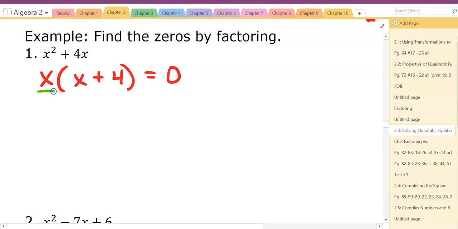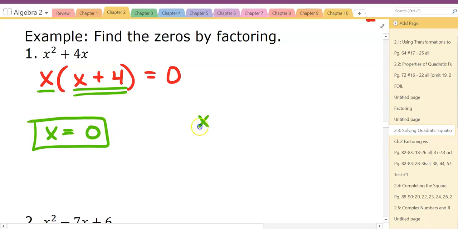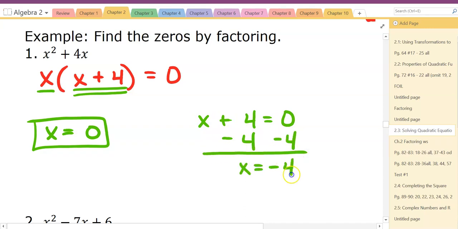So take x and set that equal to 0, and then x plus 4 and set that equal to 0. When you set x equal to 0, there's one of your answers. x plus 4 equals 0, we subtract 4, so we get negative 4. Okay, you guys do the next one.